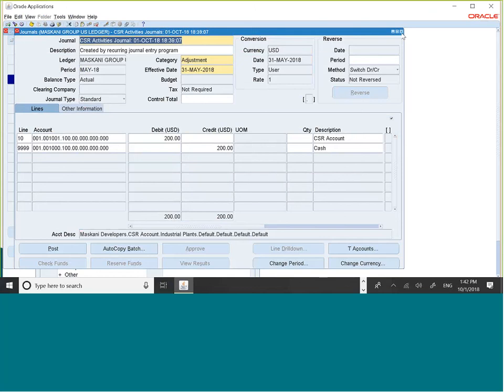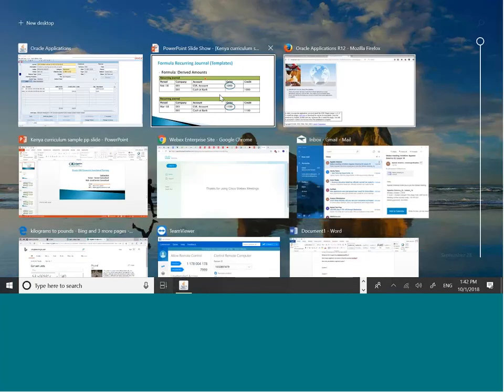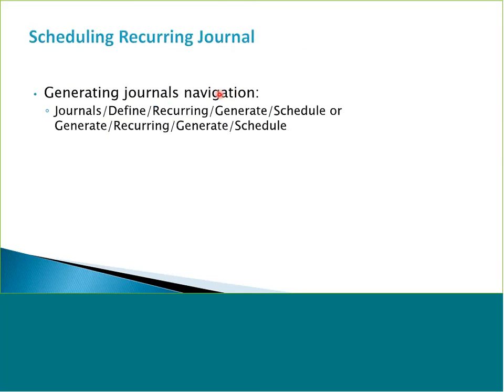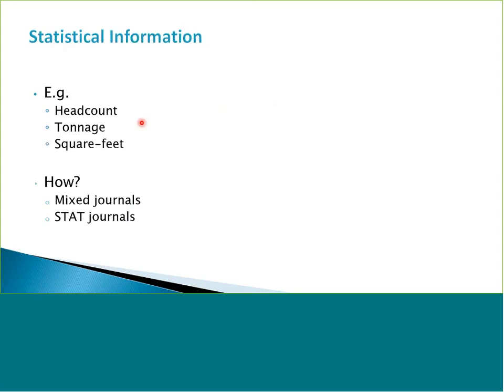So if they do these journals at the end of every period, you can also schedule the generation program to generate the journals from the template at a specific time, maybe at the end of every period. Okay. And this is the navigation for scheduling, just like any other program.